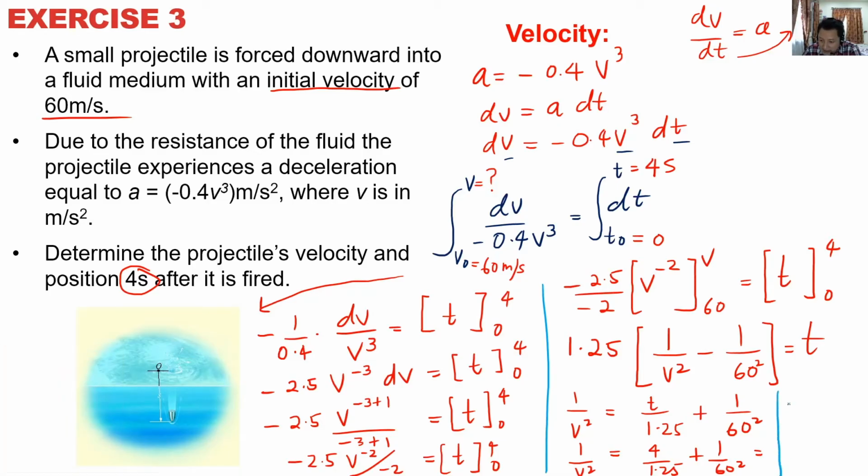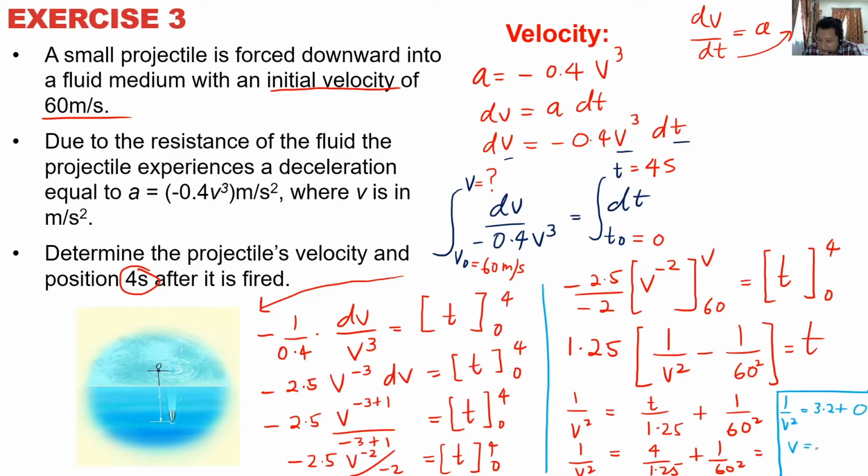4 divided by 1.25 is 3.2. So 1 over v squared is equal to 3.2 plus 1 over 60 squared. But 1 over 60 squared is too small. It's almost 0, close to 0.